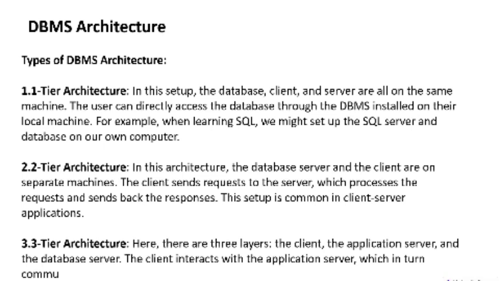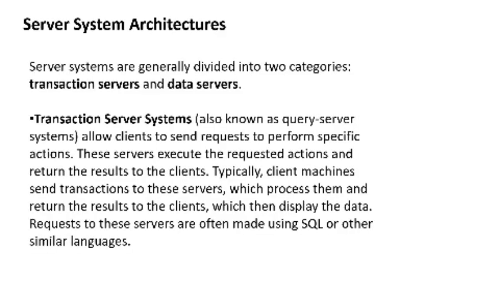It includes three layers: the client, application server, database server. Database server manages the database. This setup enables scalability, security, and performance by separating the user interface, business logic, and data store. Client, the user interface like a web browser. Application server processes the business logic.